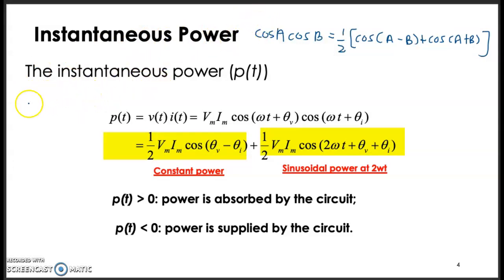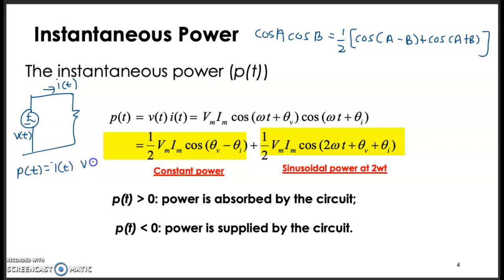In AC circuits, your source is AC, and your current also changes by time. So how you calculate the power also changes by time. P equal IV, so p(t) is equal to v(t) multiplied by i(t).